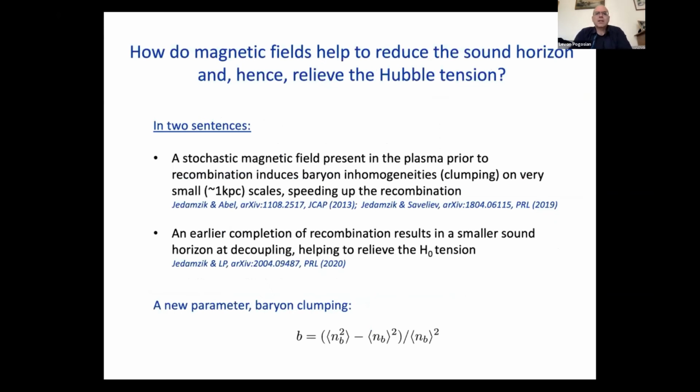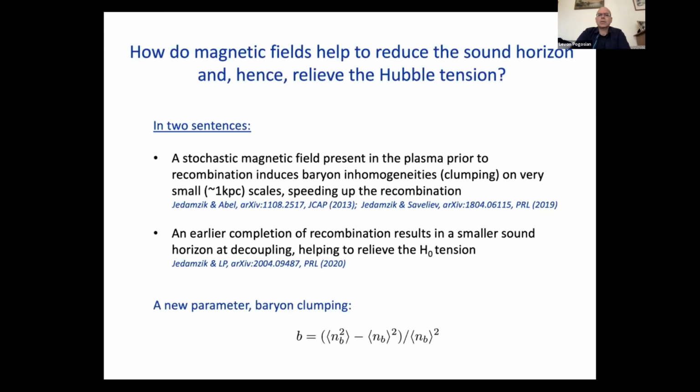Now, how do magnetic fields help with the Hubble tension? Colin Hill in his talk already very nicely explained. Just to summarize, here we talk about stochastic inhomogeneous magnetic fields. So there would be inhomogeneities in magnetic energy density. And baryons would clump or congregate in regions of lower magnetic energy density. So that means you have inhomogeneities in baryons, and that speeds up recombination.